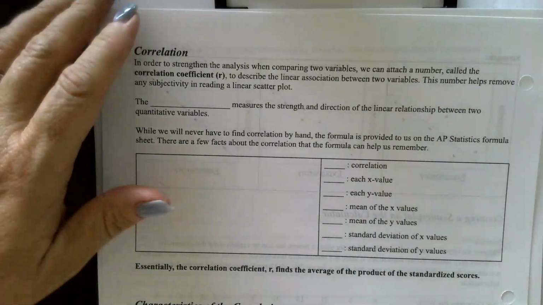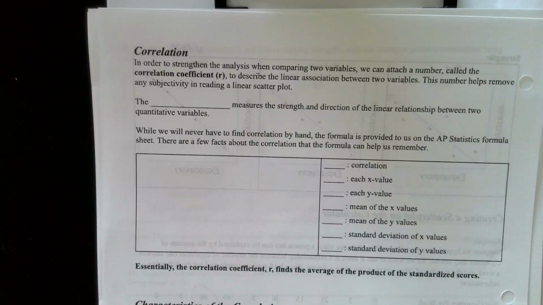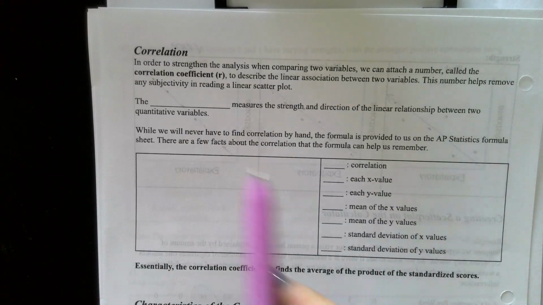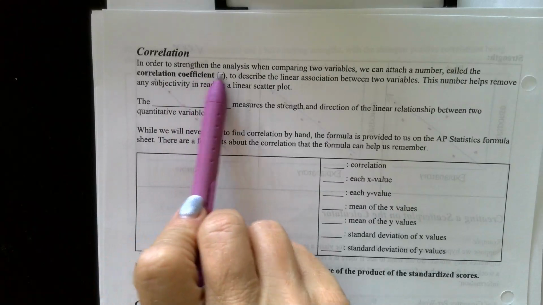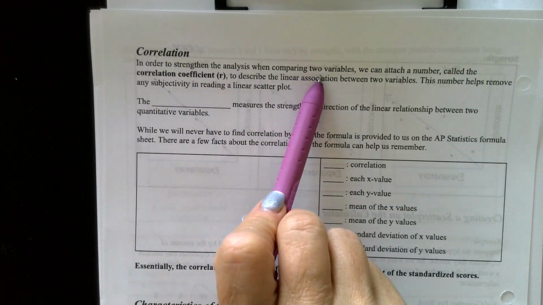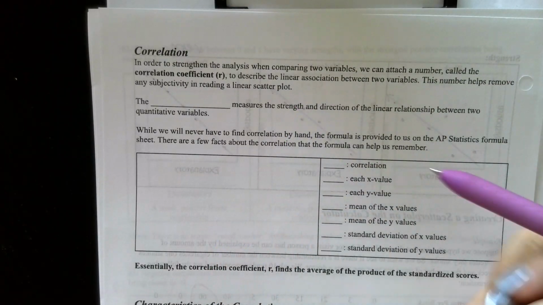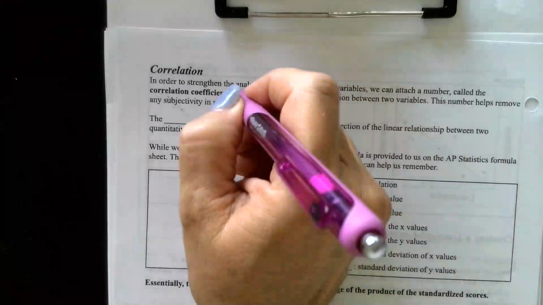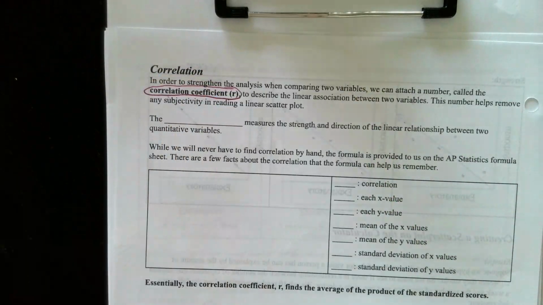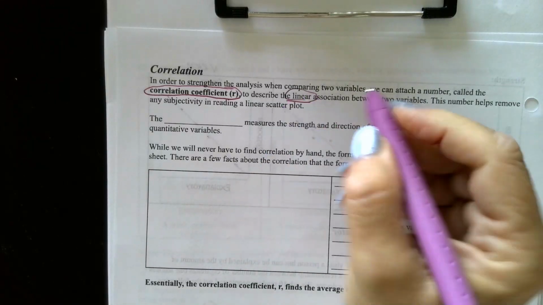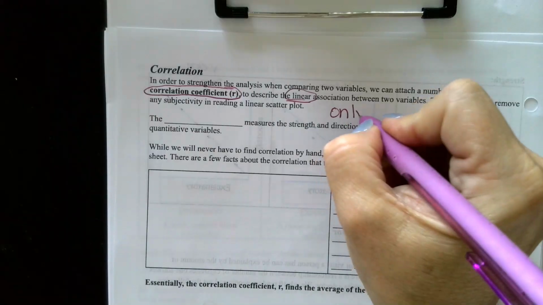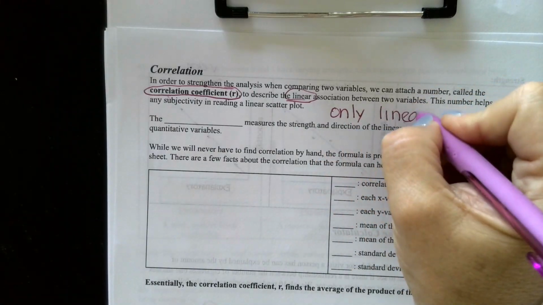All right, so how do we know if we have a good linear relationship? In order to strengthen the analysis when comparing two variables, how do we know without just looking at it and saying, okay, we know? Then we attach a number, and that number is called the correlation coefficient, and it has this letter R, and it is used to describe linear association, so only linear graphs.